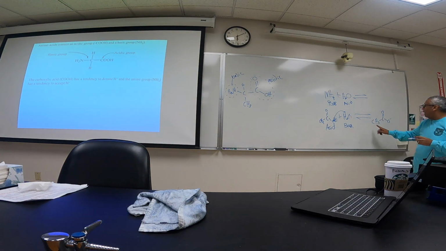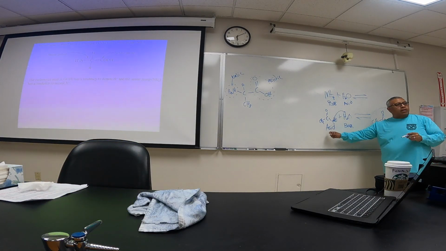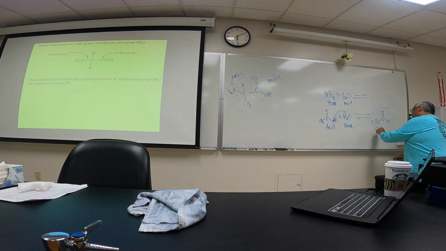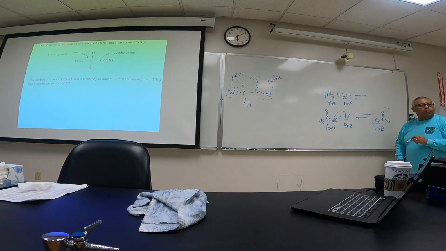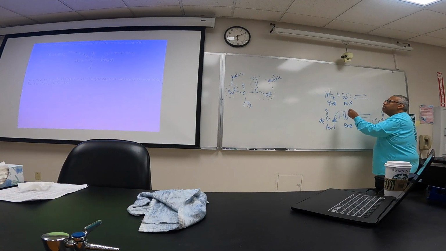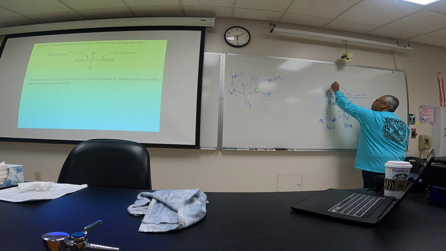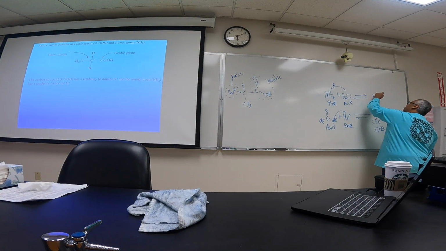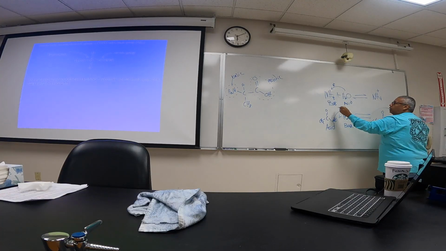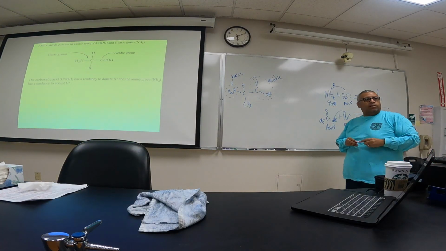We've donated that hydrogen and we get an acid and its conjugate base. And for ammonia, well, bases accept hydrogens. We get a base and its conjugate acid.